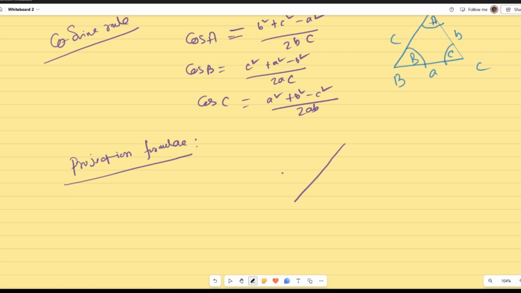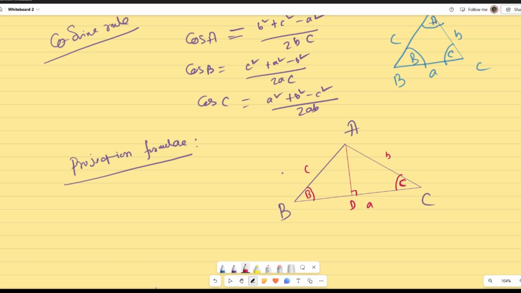The length of a side of the triangle can be expressed in terms of the other sides and angles. Imagine a perpendicular is dropped here. AD is the perpendicular. Okay? You know this one is b, angle C here, this one small c and this one a.